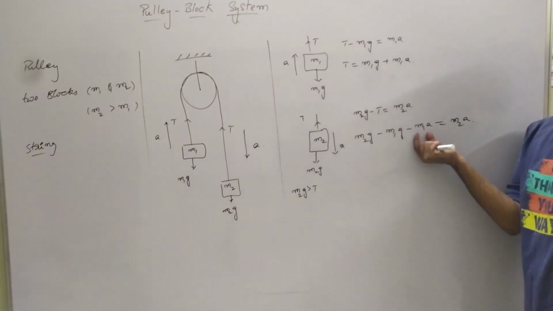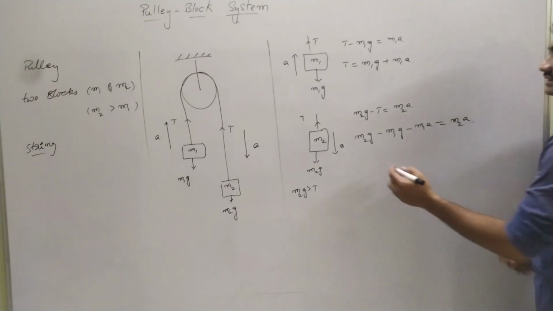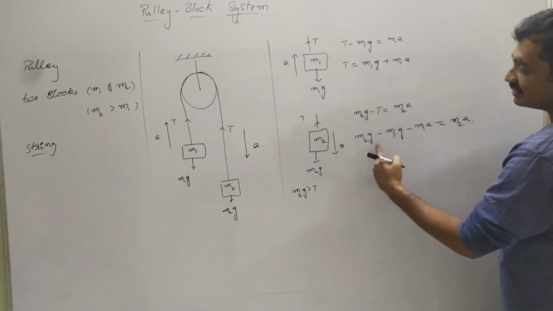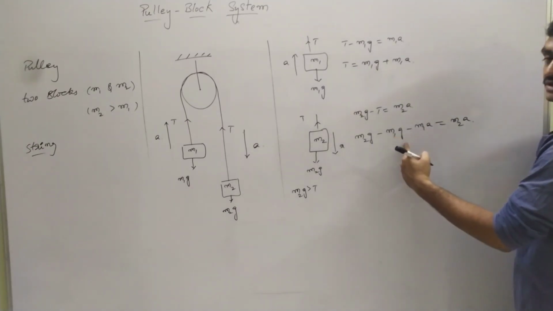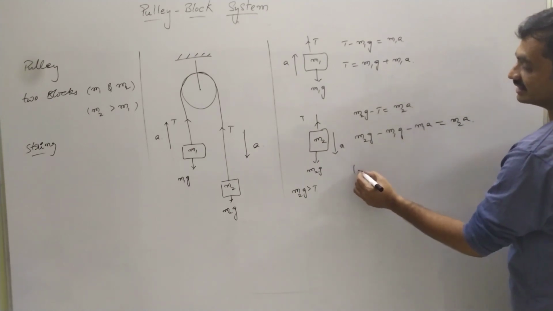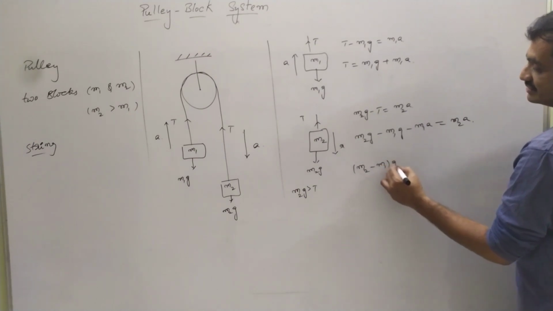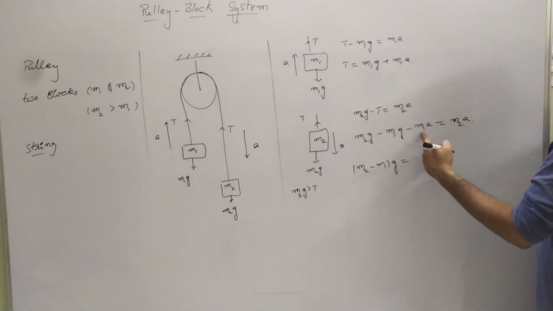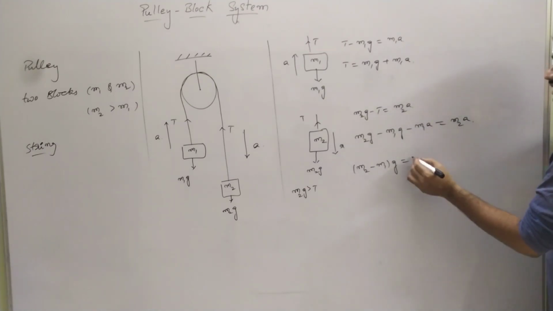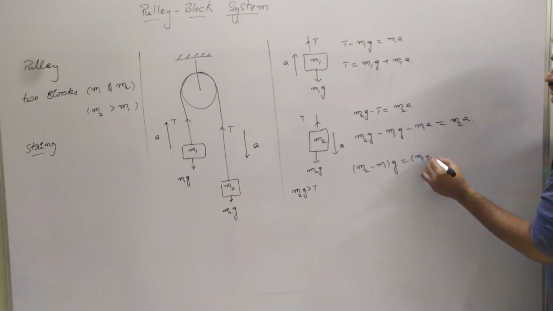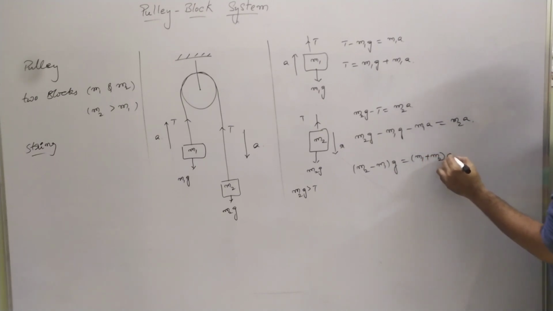Now send this m1 into a towards this side. So observe this, m2 into g minus m1 into g. We can take g as common, then we can represent it as (m2 minus m1) into g is equal to, here as we bring this towards the side it becomes plus, so we can take a as common, then we have (m1 plus m2) into a.